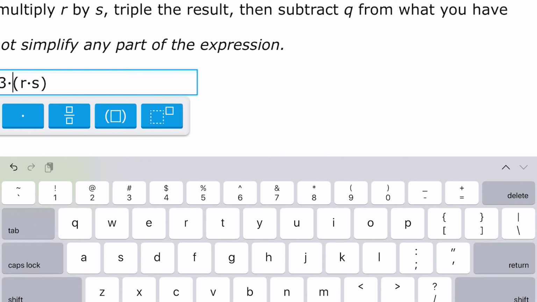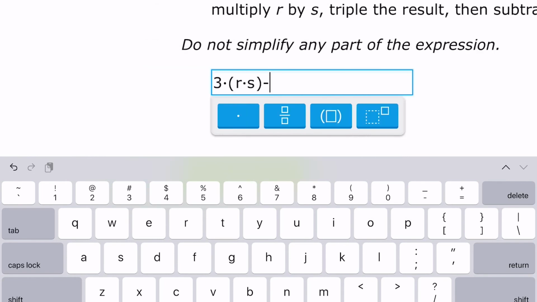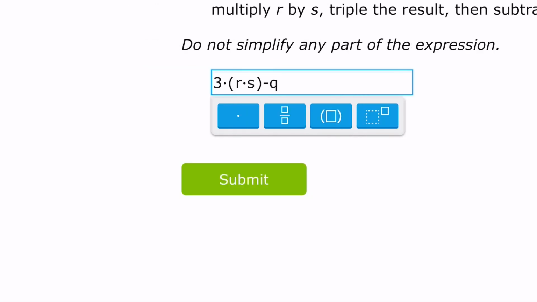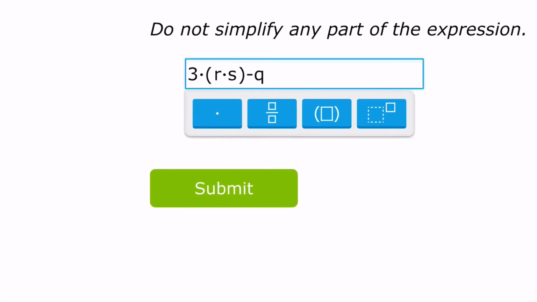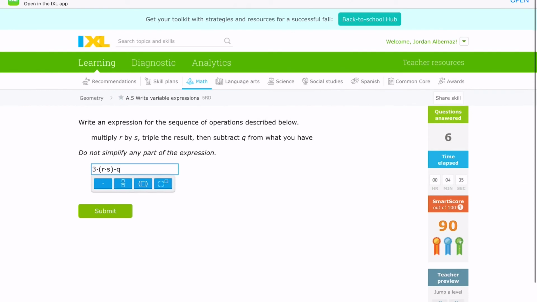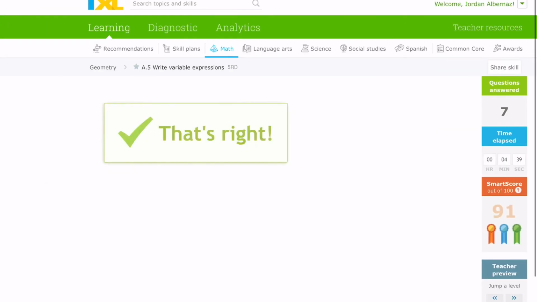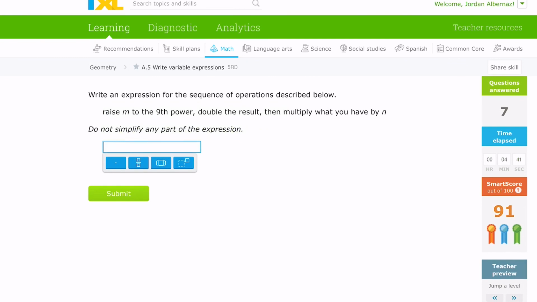Then subtract q from what you have. So I'm going to take q away from what I have, not the other way around. So take away q. If it said take that away from q, I would have flipped this. Q would have gone first. But it says subtract q from what you have. Let's see if I get this right. And I got it right.